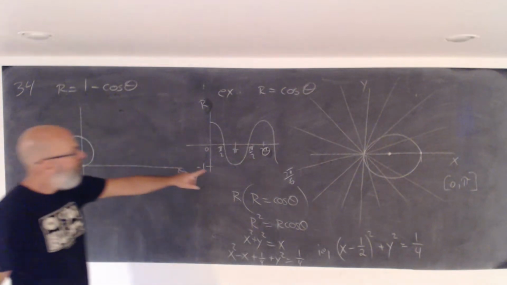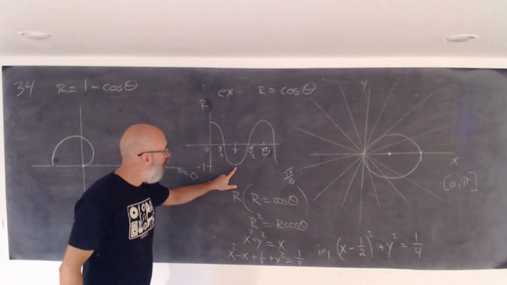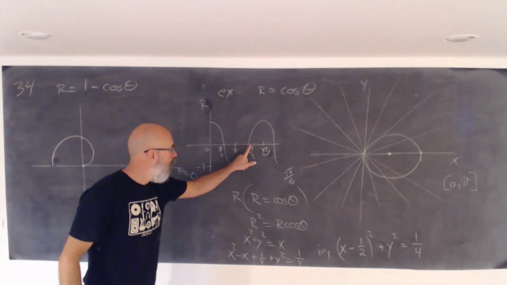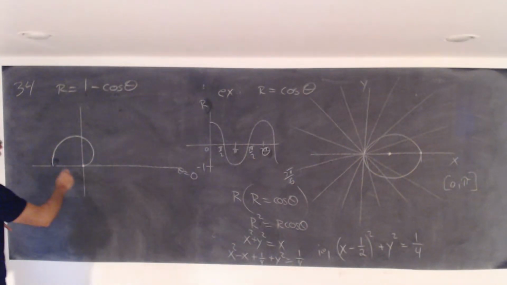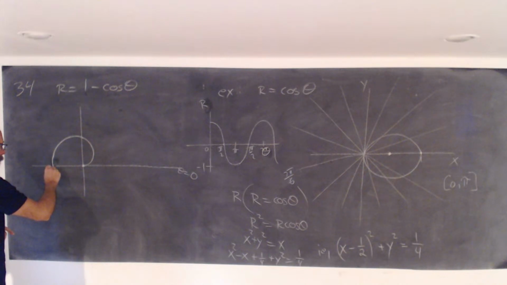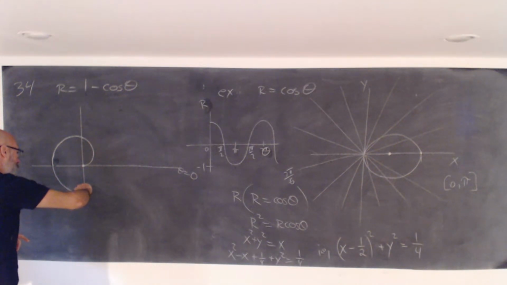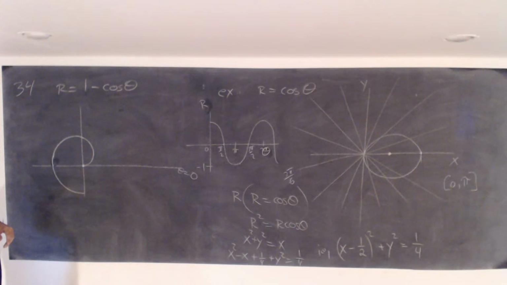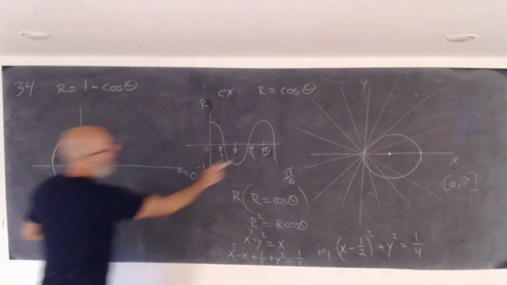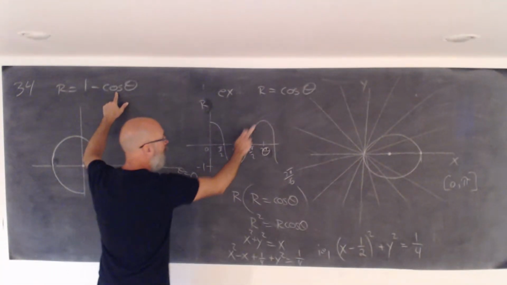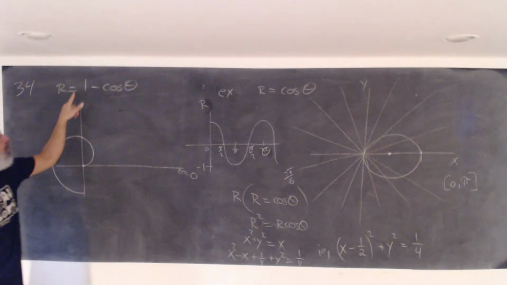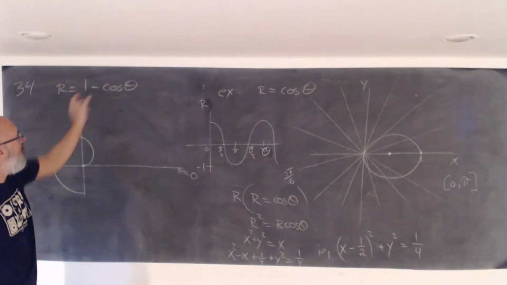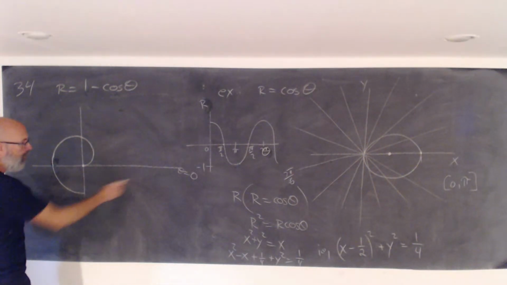And then what happens? Well, then the opposite happens. You start to increase all the way to 0 at 3 pi over 2. So the distance is getting shorter, and then your cosine is still increasing. So 1 minus cos is decreasing all the way to 0 at 2 pi.